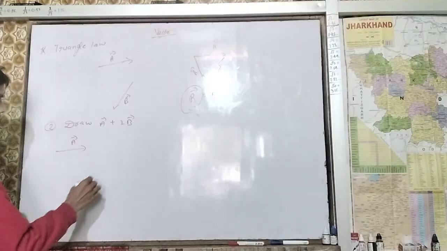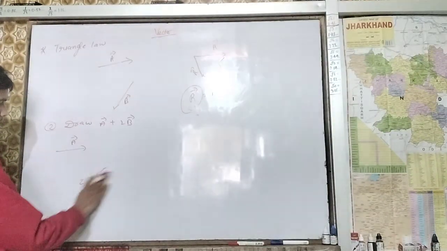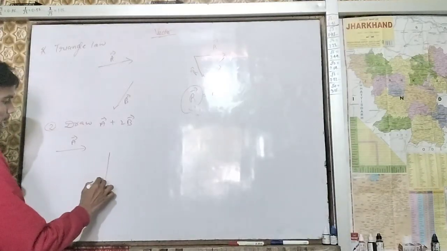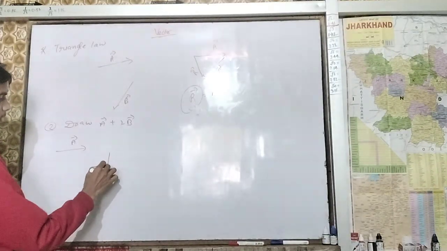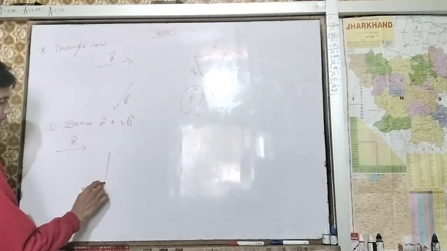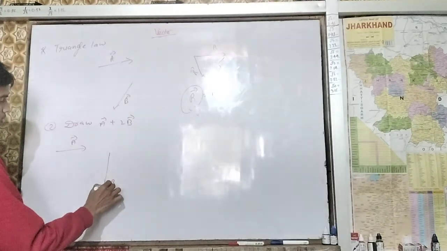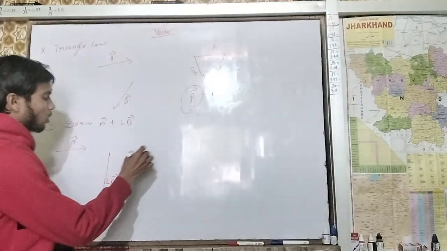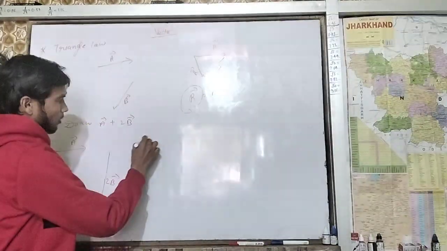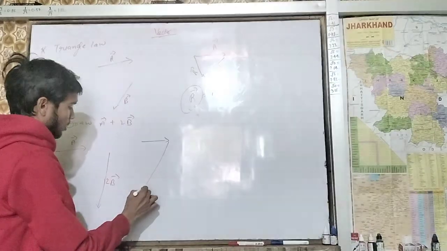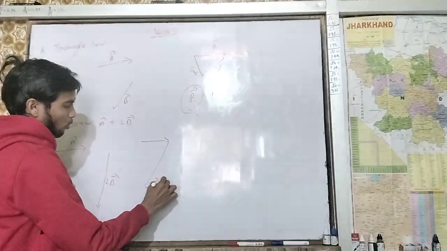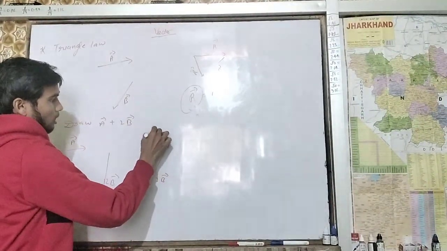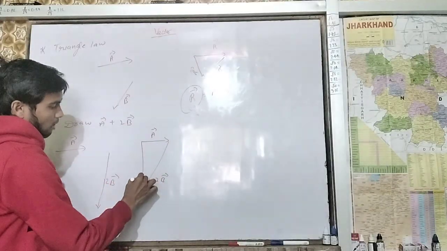So double of vector, if it is like this, vector B, double of this would be this much vector B, 2B. Now this will go over here, and second will come, which is 2B, and this is A. So resulting would be like this.